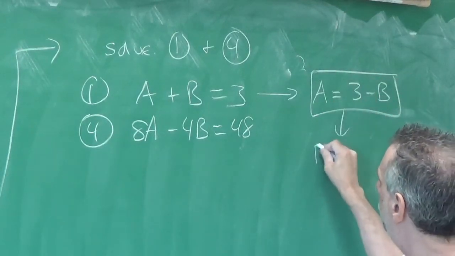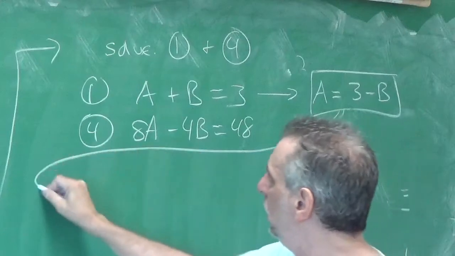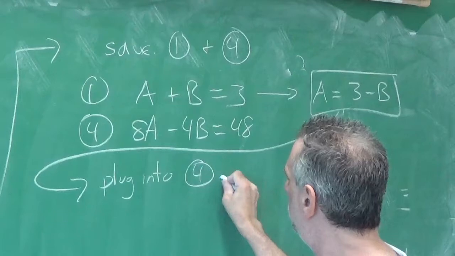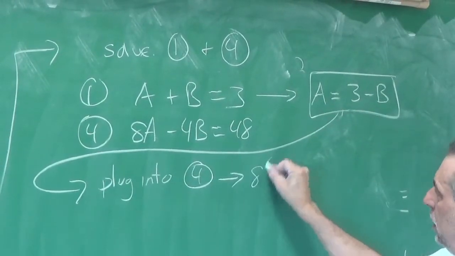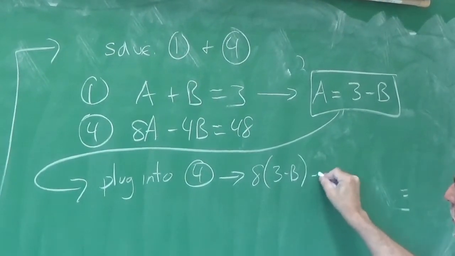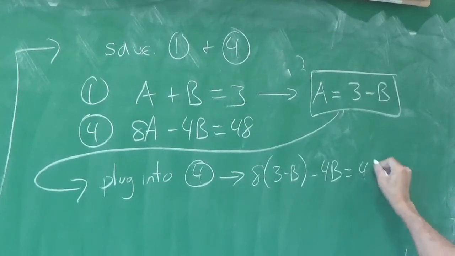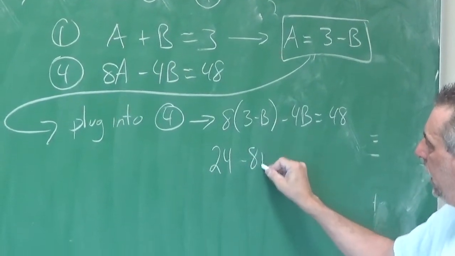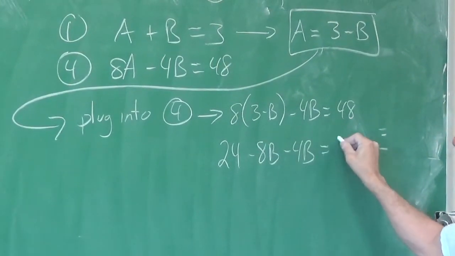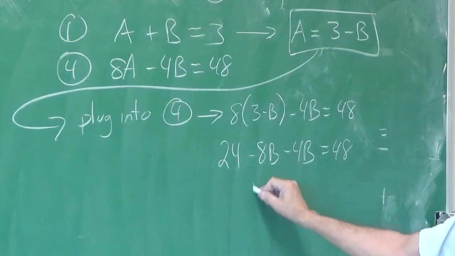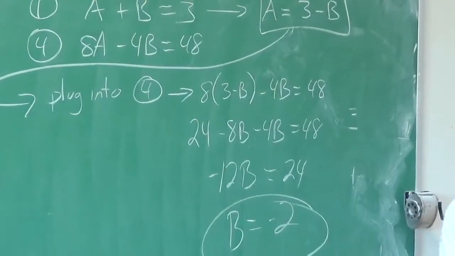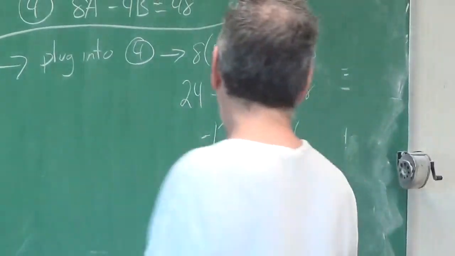Plug that into equation 4, 8a minus 4b equals 48. Solve this. 8 times 3 is 24, minus 8b minus 4b, equals 48. We get negative 12b equals 24. Nicely, b is a whole number, negative 2.